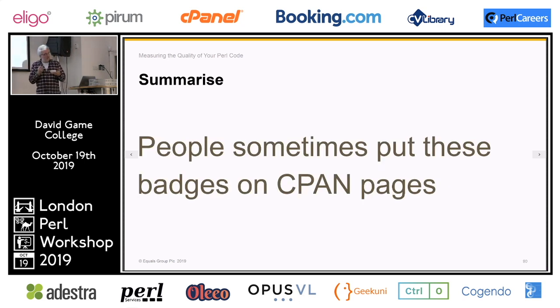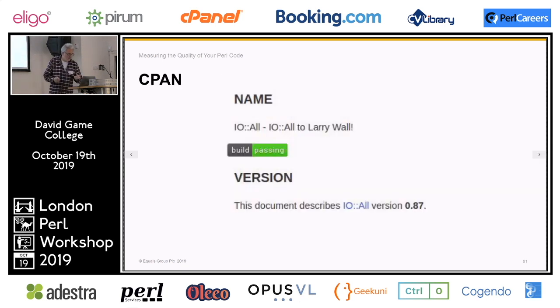People sometimes like to put their badges on their CPAN pages. So here's an example from IO_all, one of Inge's modules, just saying that his build is passing.